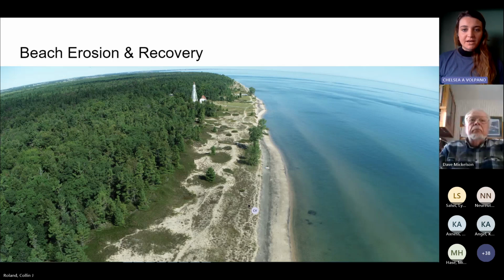And Collin also mentioned that the nearshore configuration is the main control on incident wave energy. So this is a photo from Point Beach State Forest in Wisconsin. You can see these shore parallel nearshore bars. And those bars will change position relative to changes in lake level and also changes in storminess and wave energy.